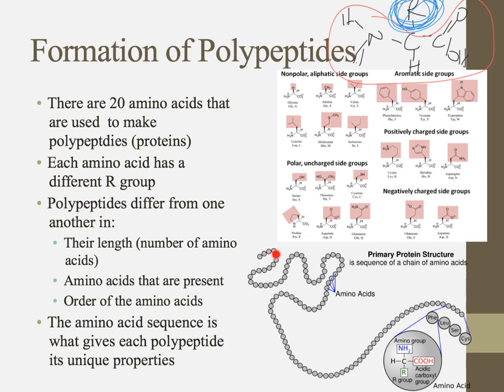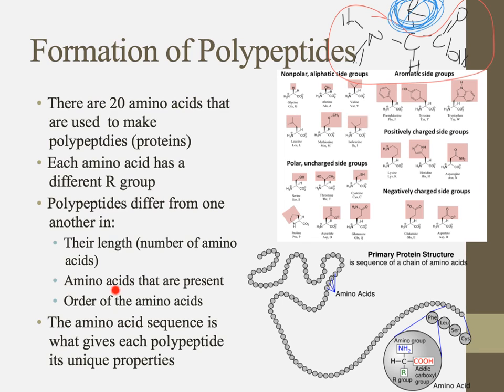Now, once I stick a bunch of amino acids that are all differing in their R groups together, I get what's called a polypeptide. Peptide referring to that bond between the carbon and nitrogen atoms of 2 different amino acids, that peptide bond, poly meaning many. So when I stick a bunch of amino acids together, I get a polypeptide. And different polypeptides can differ in a couple other ways. Okay, first of all, they can be different lengths. Some amino acid chains or polypeptides are quite short and some are quite long.